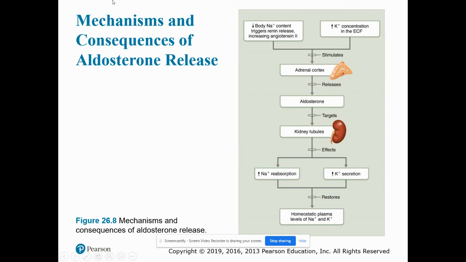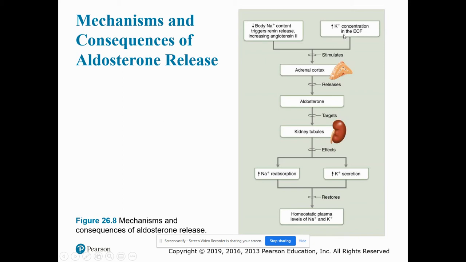So if we look at this, a decrease in body sodium content triggers renin release, increasing angiotensin II, which is going to stimulate the adrenal cortex to release aldosterone. This is going to target kidney tubules. We're going to increase sodium reabsorption, and then we're going to return back to homeostatic plasma levels of sodium.